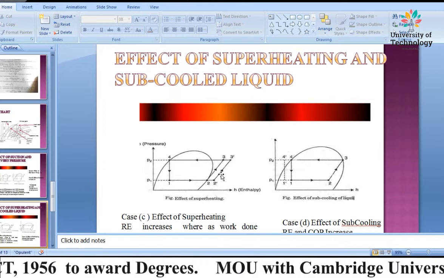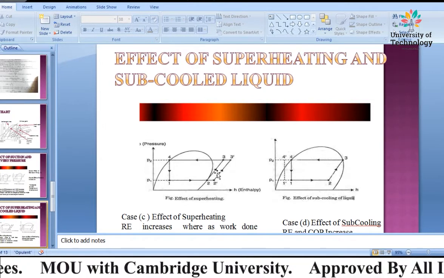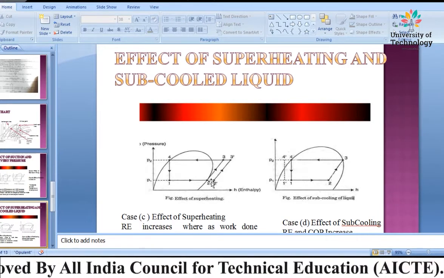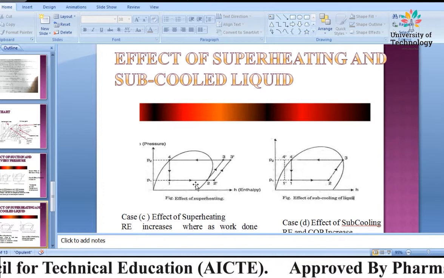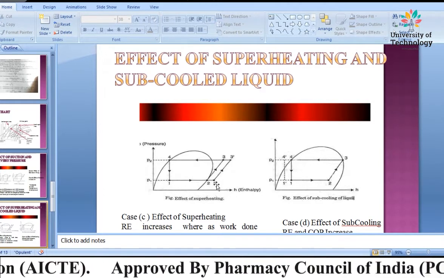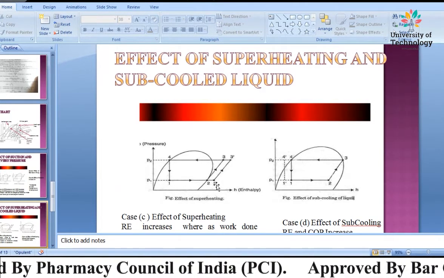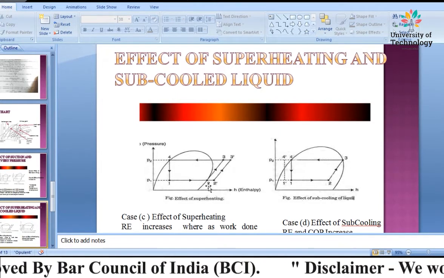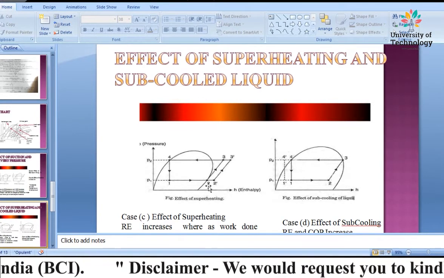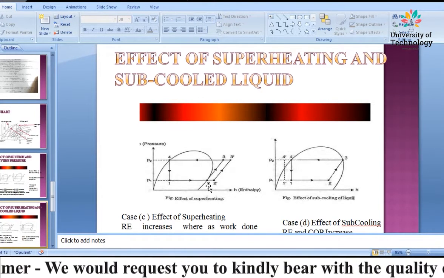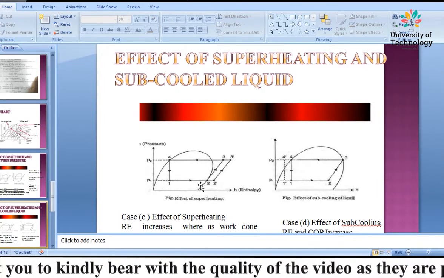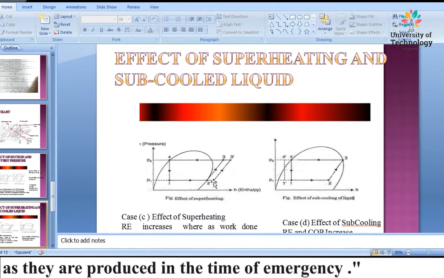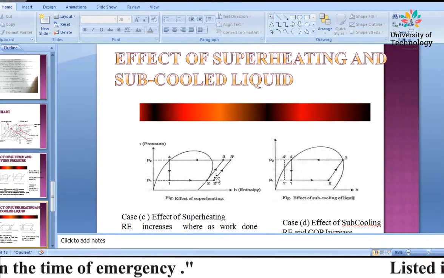So what we observed: when superheating occurs in the suction pipe, that is outside the refrigerated space, the refrigerant effect per kilogram of refrigerant circulated remains the same. But the system needs a large compressor due to the high specific volume at suction.